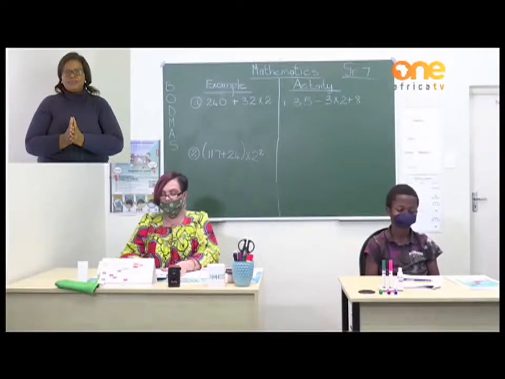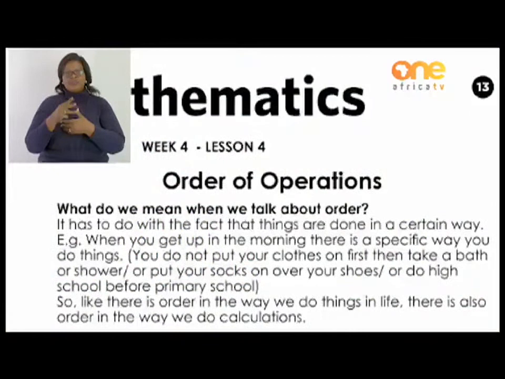Let's continue by looking at page 13. Order of operations. What do we mean when we talk about order? It has to do with the fact that things are done in a certain way. For example, when you get up in the morning, there's a specific way you do things.